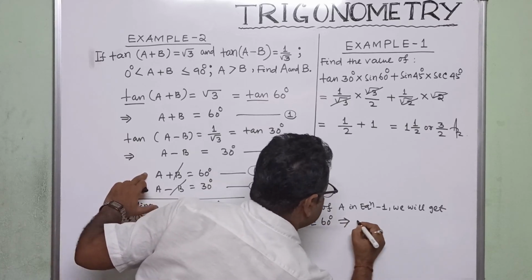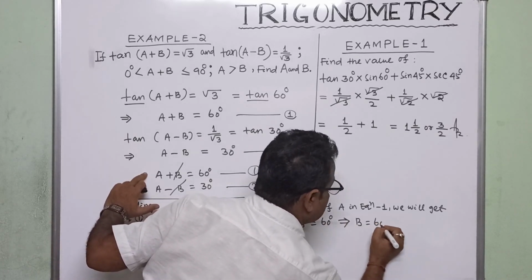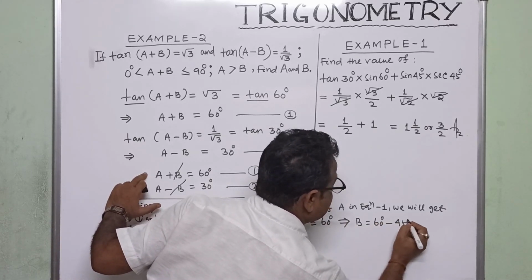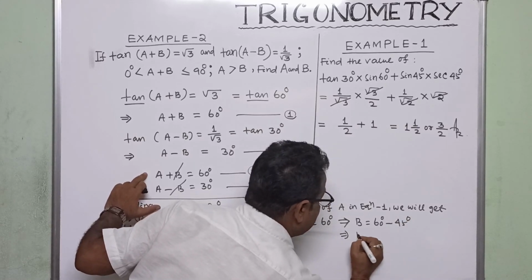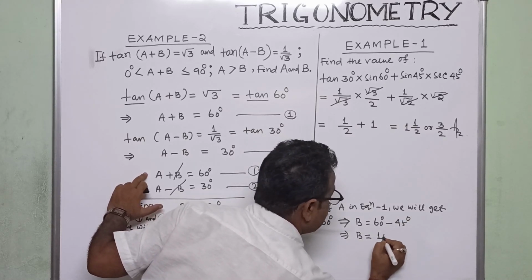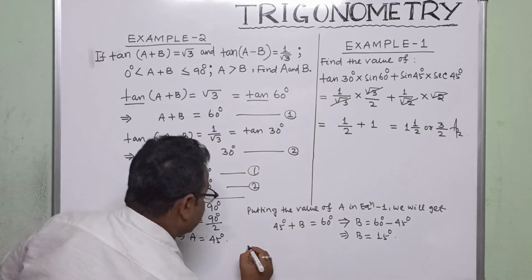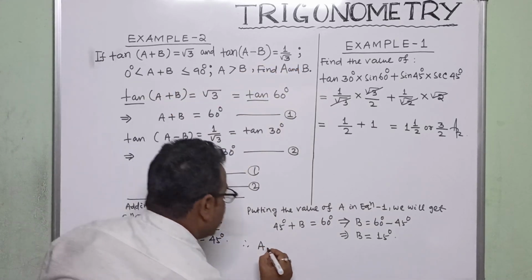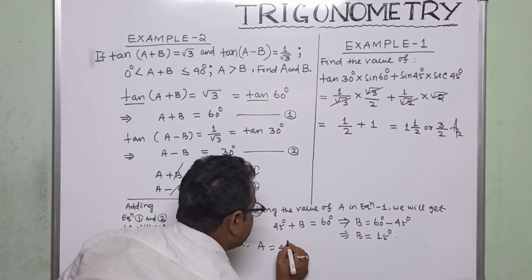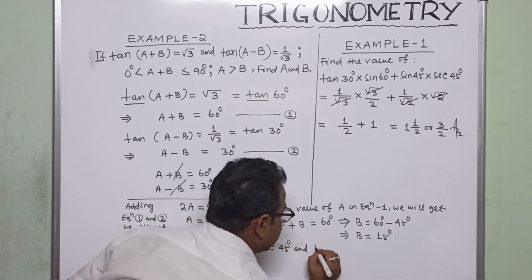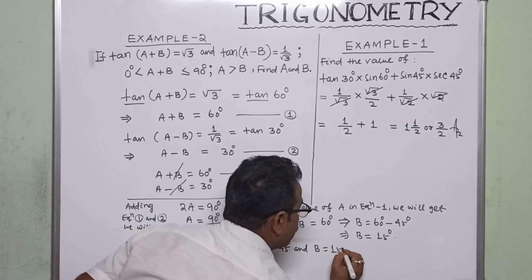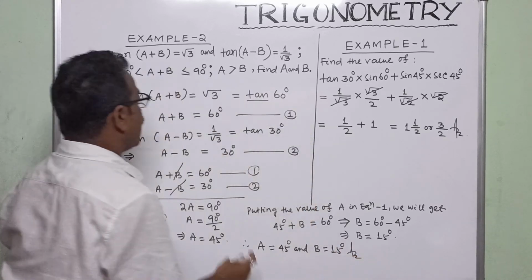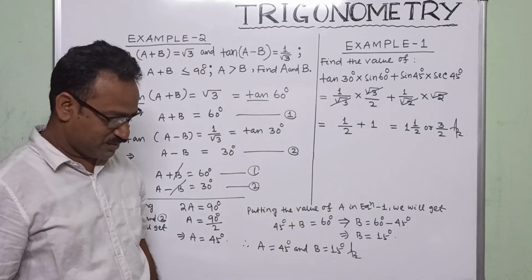That implies b is equal to 60 degree minus 45 degree. That implies b is equal to 15 degree. Therefore, find a and b. Therefore, a is equal to 45 degree and b is equal to 15 degree. This is the required solution.